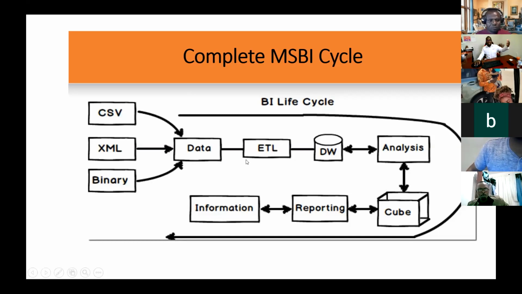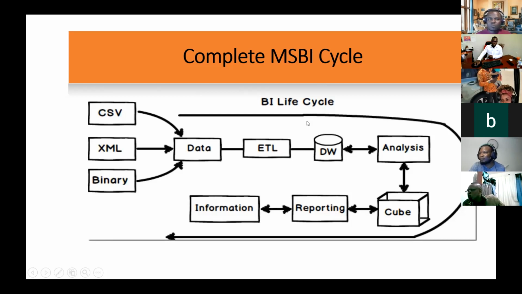Maybe I take Excel data and I transform it in a different way into SQL Server. Once the data has been transformed, I then load the data. Extraction, transformation, and loading. Now, when you are loading it, you can load it into a data warehouse.